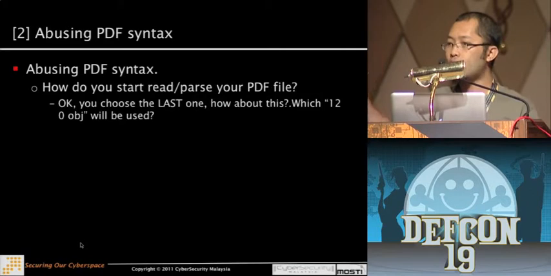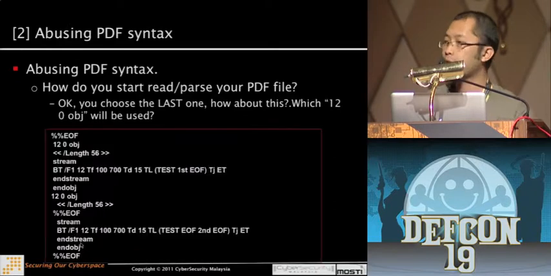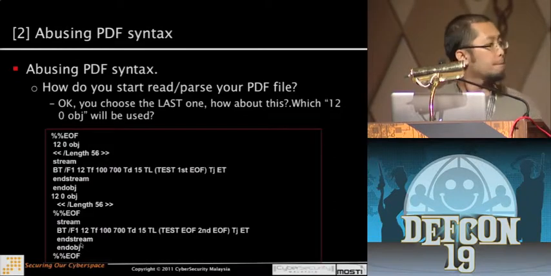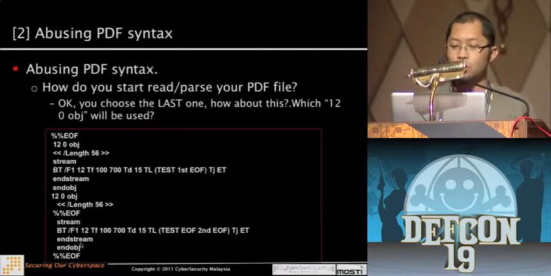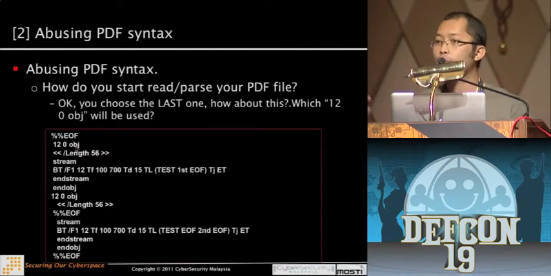Okay, if you choose the last one in the xref, and take a look at object 12, okay? In this xref, you have multiple object declarations for object 12. For example, you have 1, you have 2 here.